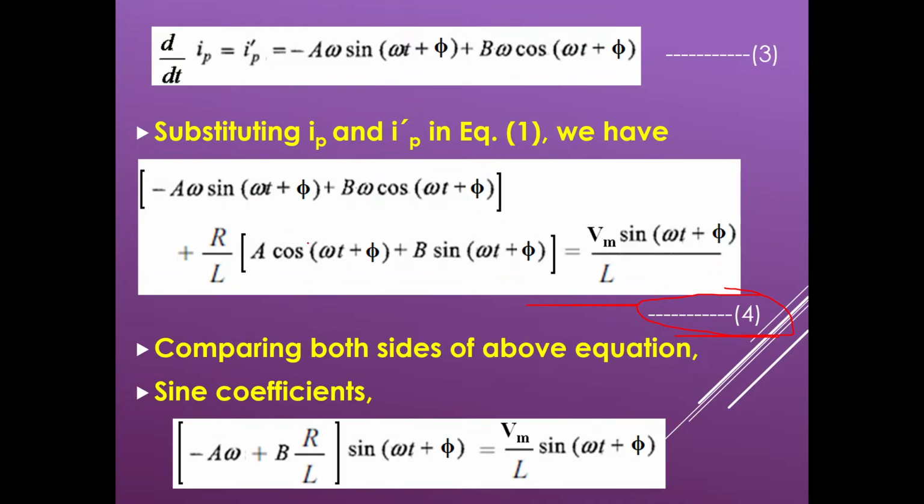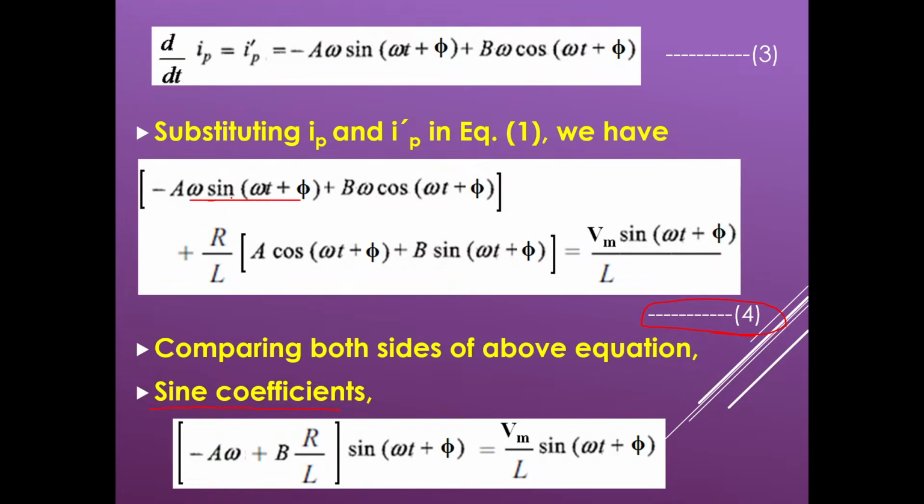Now, in this equation, it's better if you multiply R by L with these two terms. Now, let us compare the coefficients of sine in this equation number 4. Where is sine?